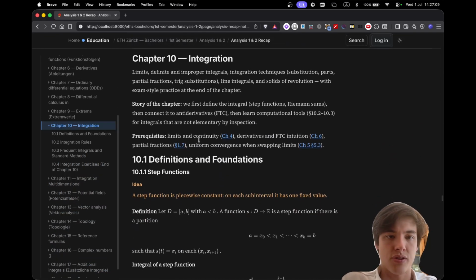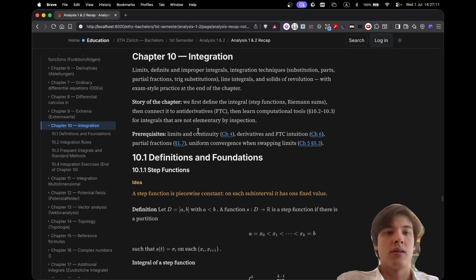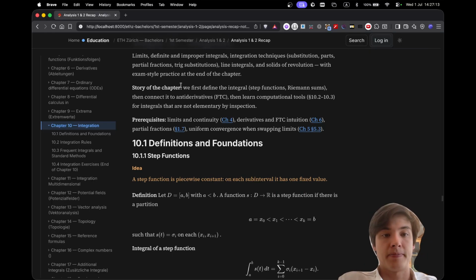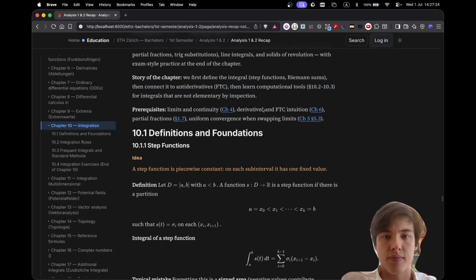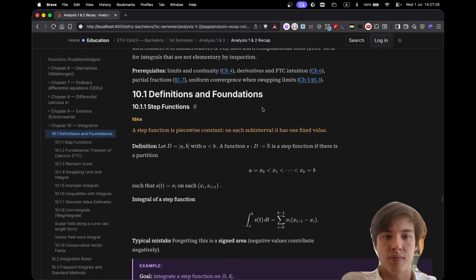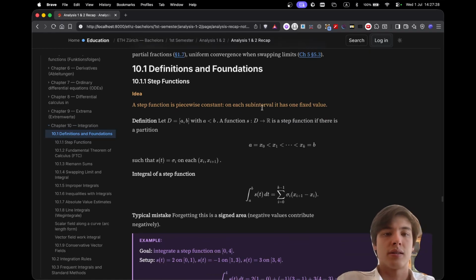Let's continue to integrations. We look at step functions, Riemann sums, connected to antiderivatives. Let's go into it. A step function is piecewise constant on each subinterval.